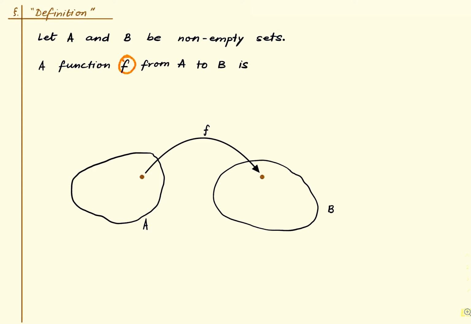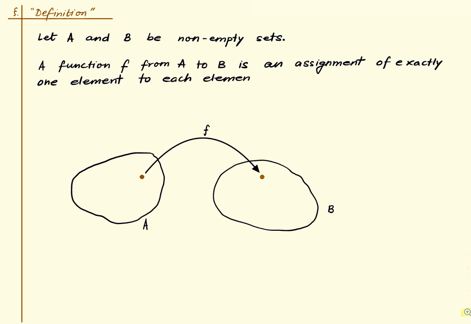So a function f from A to B is an assignment of exactly one element of B to each element of A. So as we said, this is an informal definition. It will be clear what is meant by this as we go along.